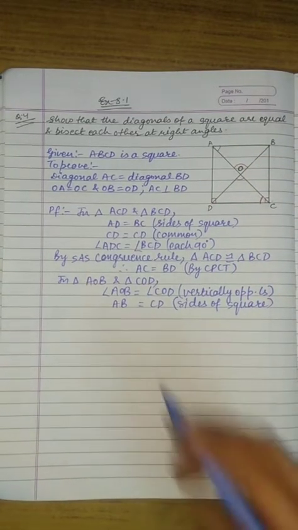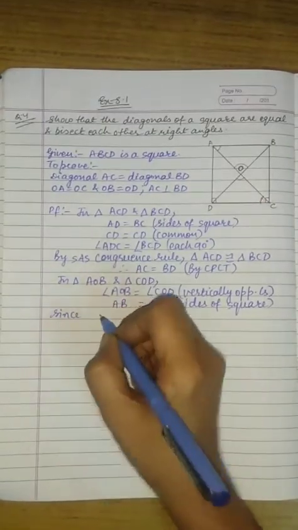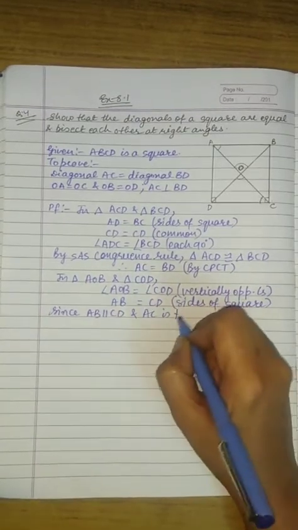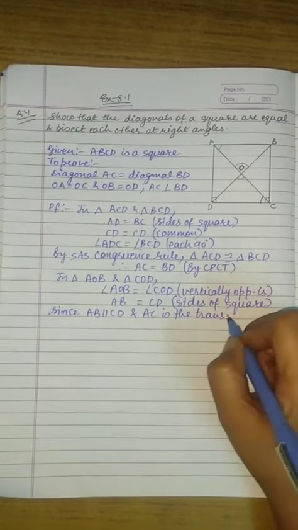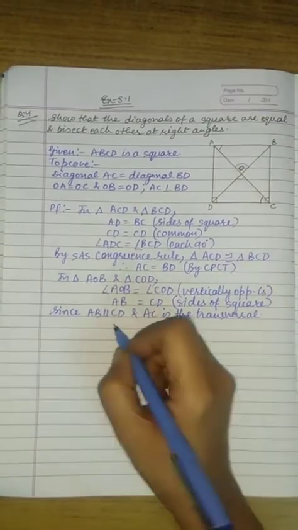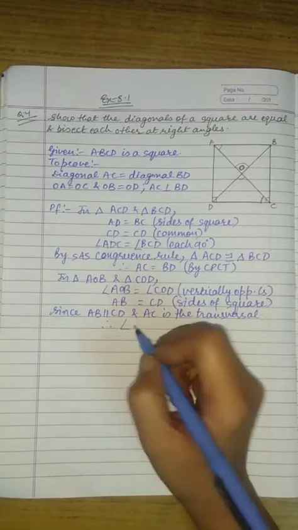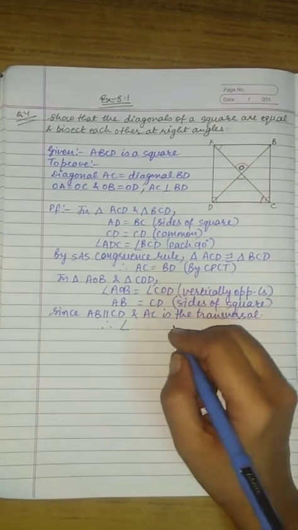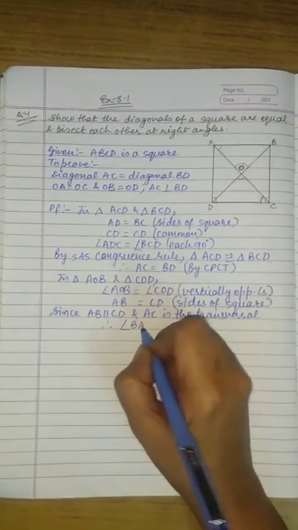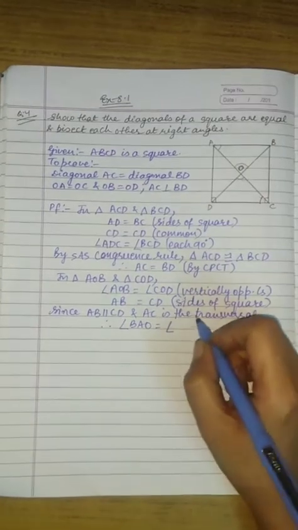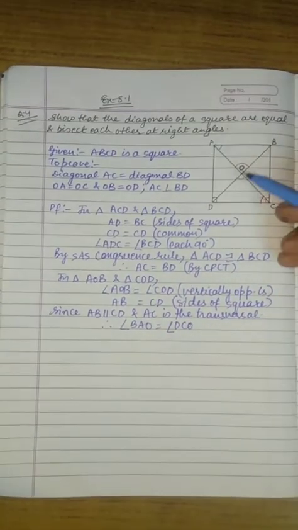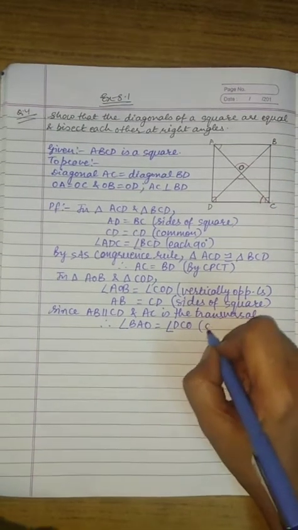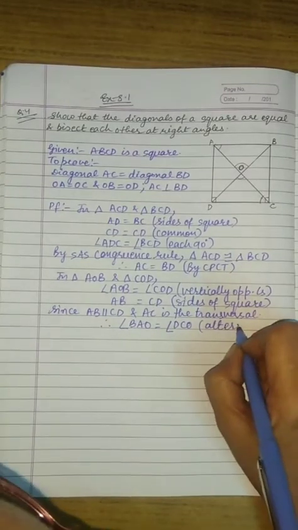So we will write here that since AB is parallel to CD and AC is the transversal, therefore angle BAO is equal to angle DCO. Why these two angles are equal? We will write here alternate angles.